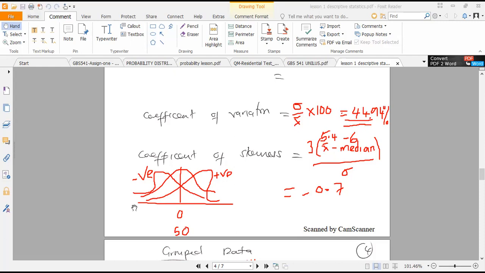So the skewness also can tell you, in a class, if the skewness that you're getting is negative, it means the majority of people failed. If you get a positive, it means the majority of people passed. So the coefficient of skewness simply gives you a picture of the distribution.